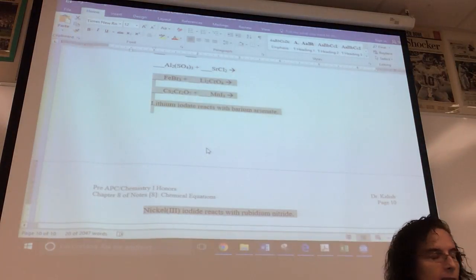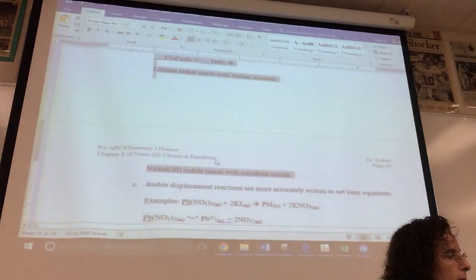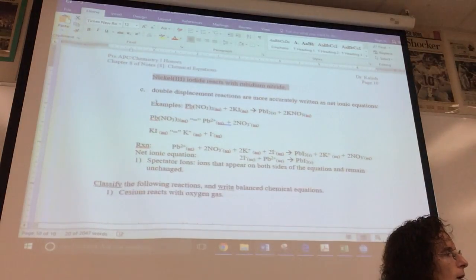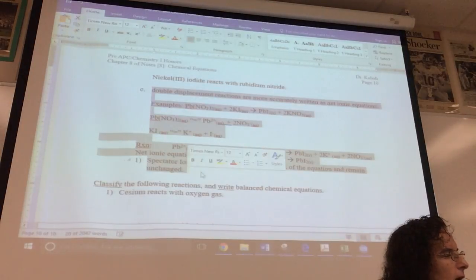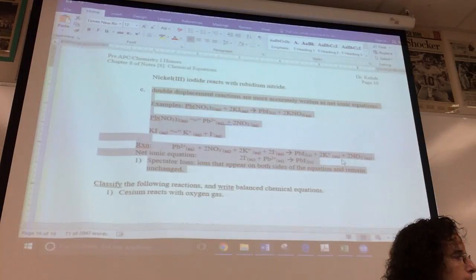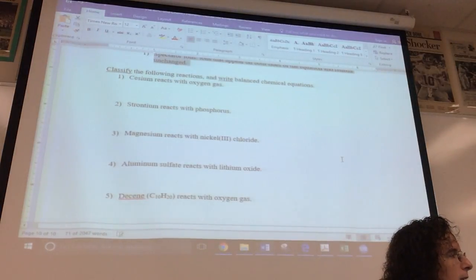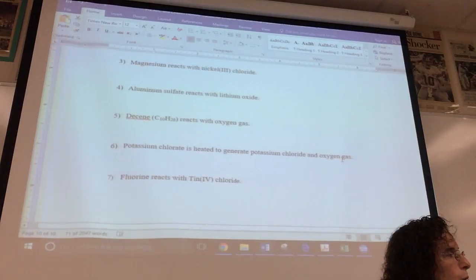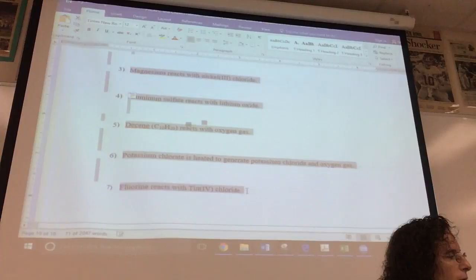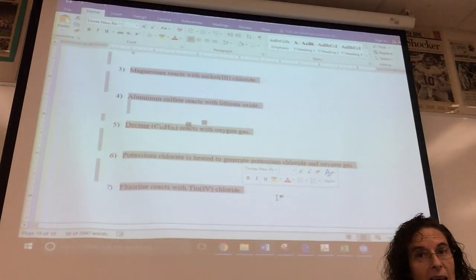That'll be a good indication that you're doing double replacement properly. This concept of net ionic equations, I'm going to come back and explain that to you later when you understand solubility. The last piece of the notes really is an exercise in which every single thing is mixed together.